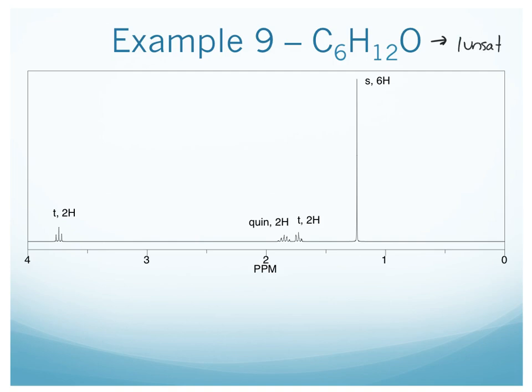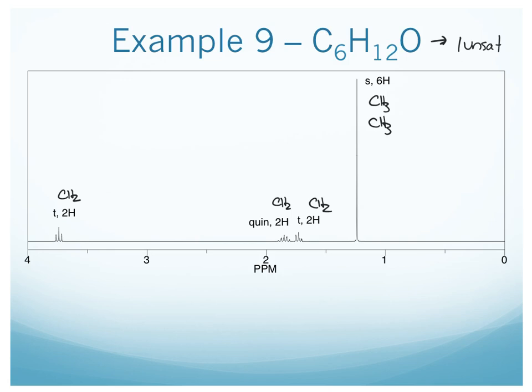Okay, next thing, let's go through and assign our fragments. CH2, CH2, CH2. 6 hydrogens, that could be 3 equivalent CH2s. More likely, 2 equivalent CH3s.